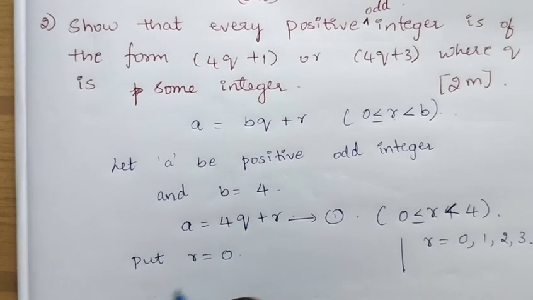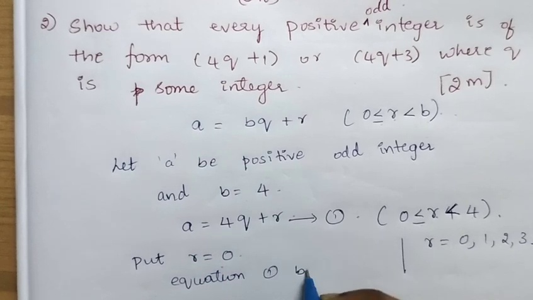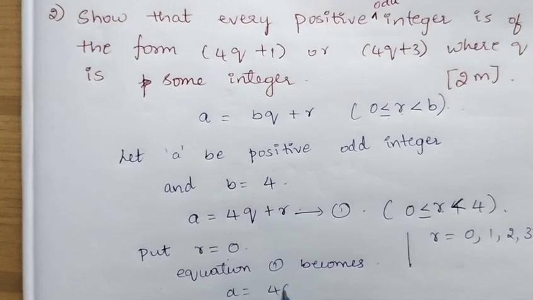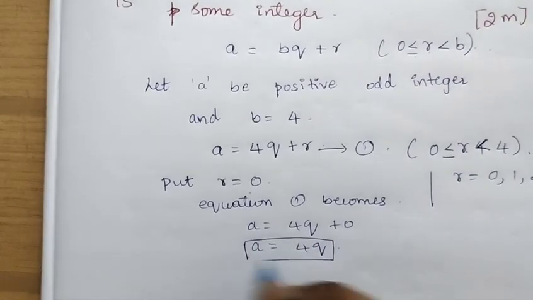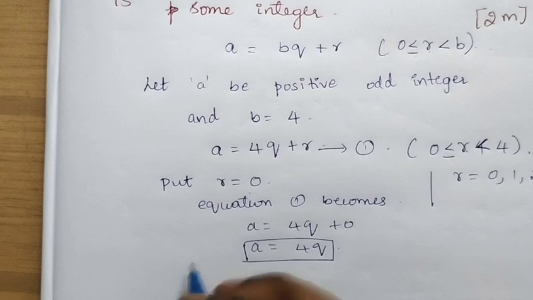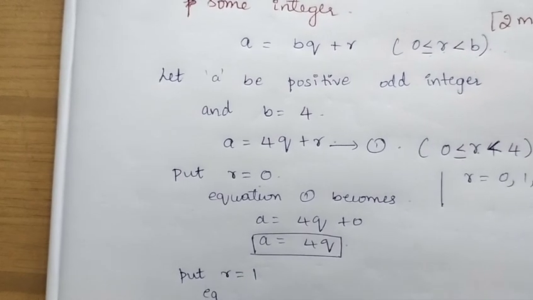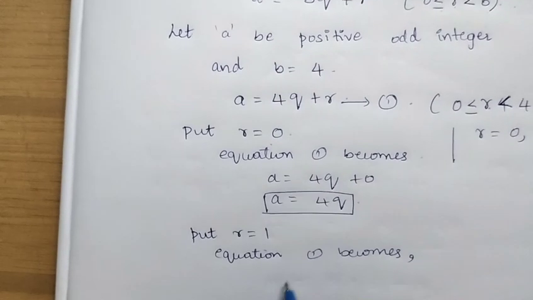So equation 1 becomes a is equal to 4q plus 0, that is nothing but a is equal to 4q. This is the answer we got, a is equal to 4q. Now put r is equal to 1. Equation 1 becomes a is equal to 4q plus 1.